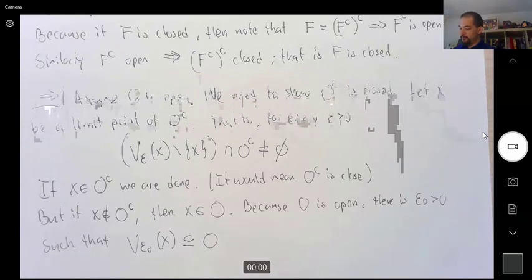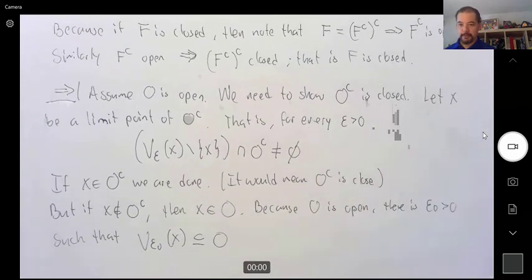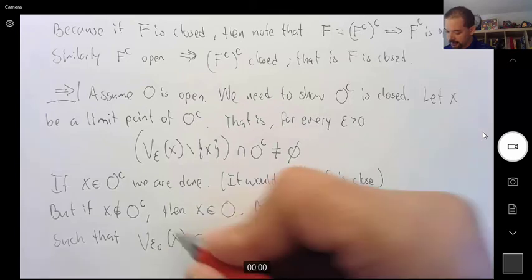Okay, but if that epsilon zero neighborhood is entirely inside O, then it's not in O complement, right? So maybe let me do a Venn diagram type of picture here. It's better because otherwise my picture is just in a line and you probably don't see anything. So what is the picture that I have here? Well, I have this epsilon neighborhood.